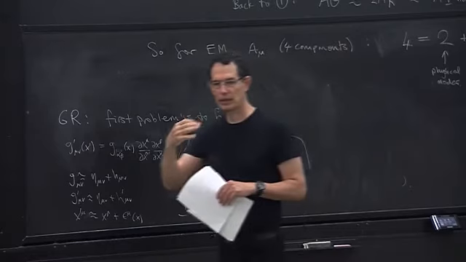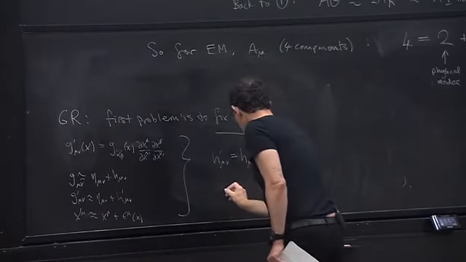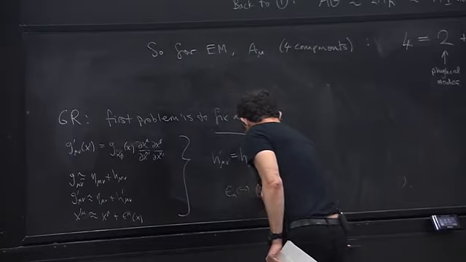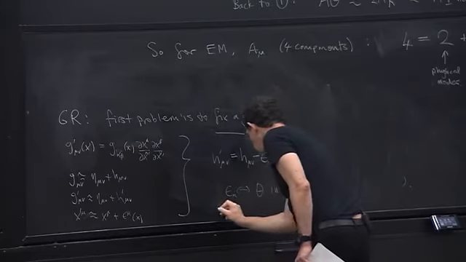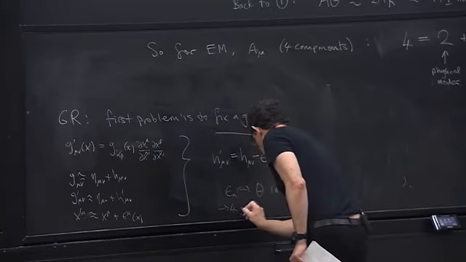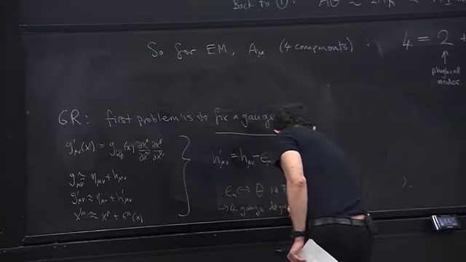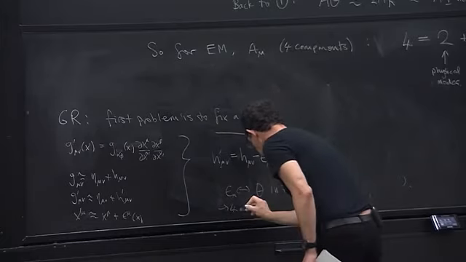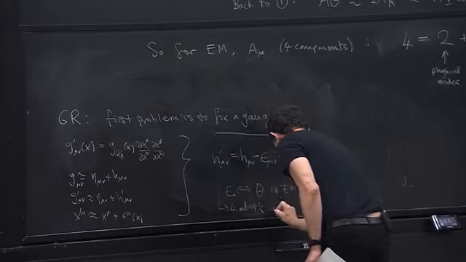It's one gauge degree of freedom for each mu. So epsilon mu corresponds to theta in EM. So we have 4 degrees of freedom in the gauge transformation, 4 DOF in the gauge transformation.